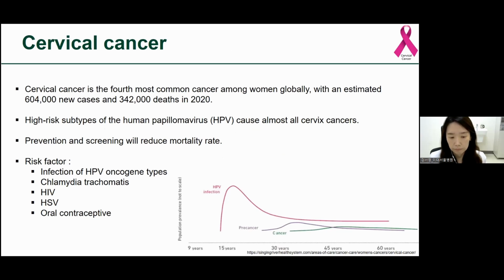Two human papillomavirus types, 16 and 18, are responsible for nearly 50% of high-grade cervical cancers. Prevention and screening will reduce mortality rate. Of all the gynecologic cancers, only cervical cancer has a screening test that can find this cancer early when treatment can be most effective. There are several risk factors.